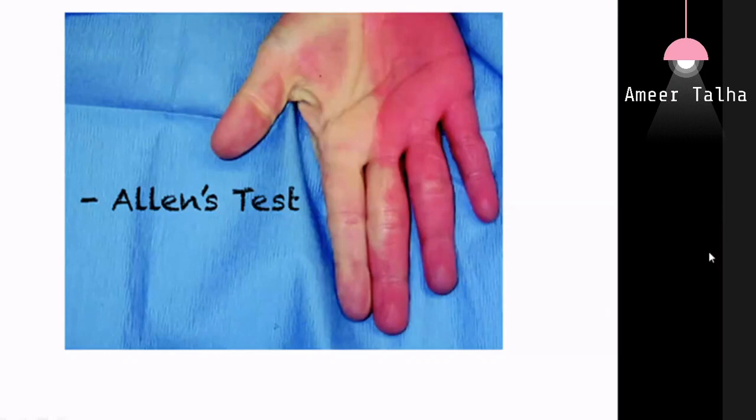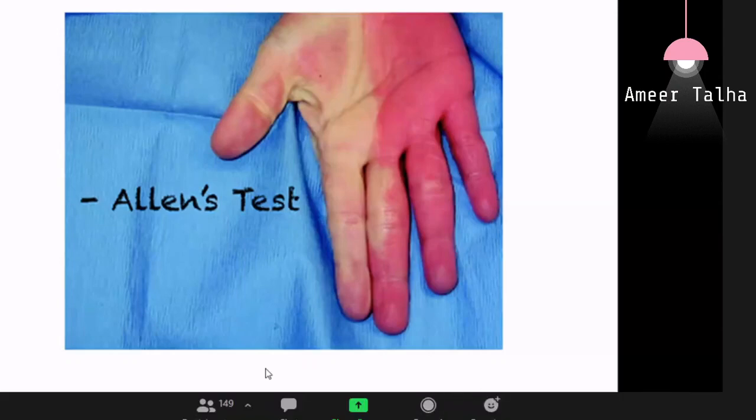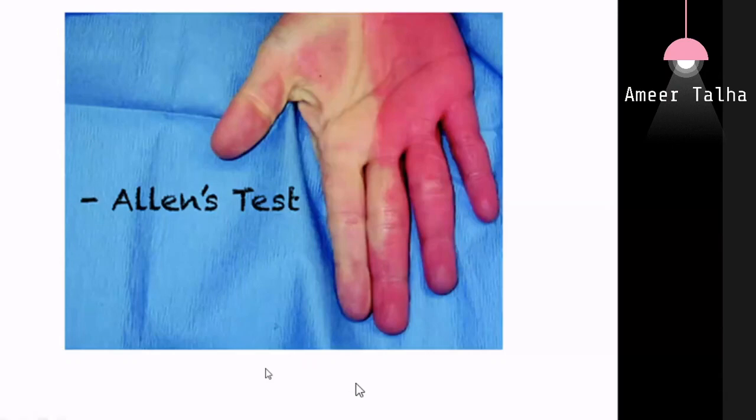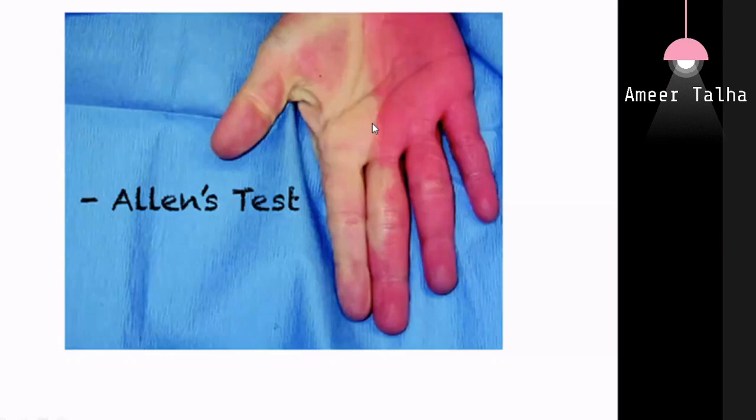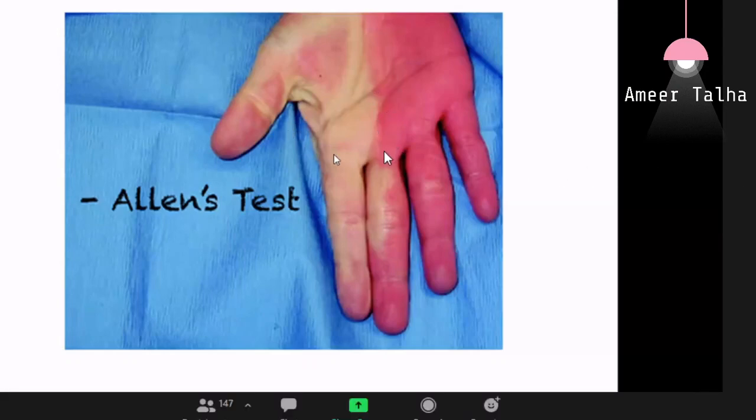Zuhaib, you may clear your concept and then I'll be clearing it to the whole class. The ulnar artery is going and supplying the fingers. What do you see? What can you identify, just let me know, then I'll be clearing this. This is the blood supply, sir, of the medial 2.5 fingers.